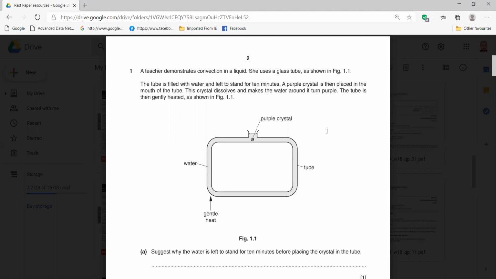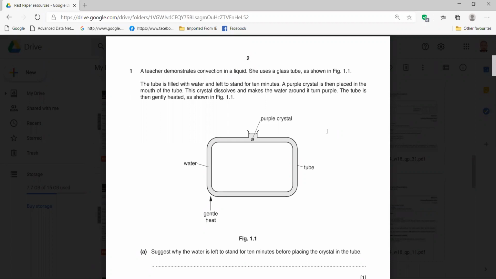So, how many points did you get here? Three points, sir. Okay, so the first thing you told is that convection occurs in gas and liquid.